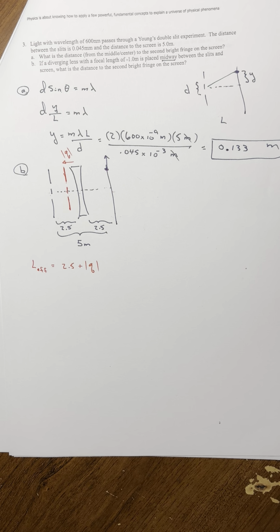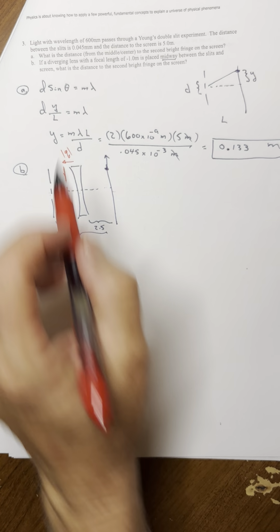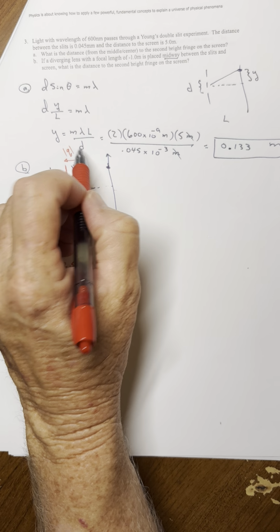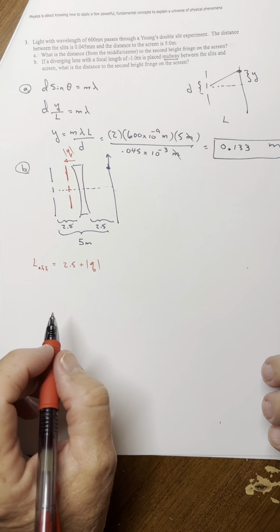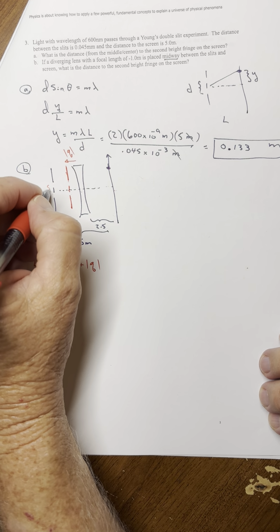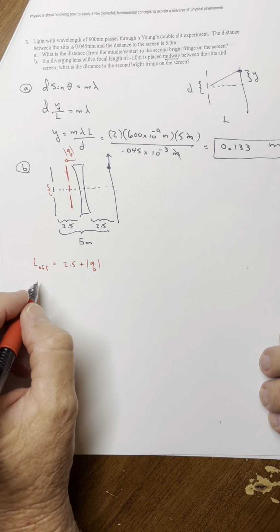That's kind of the key to this problem. Then it's going to be the same calculation. Of course, the D is going to change, and so D is this magnification, if you will.